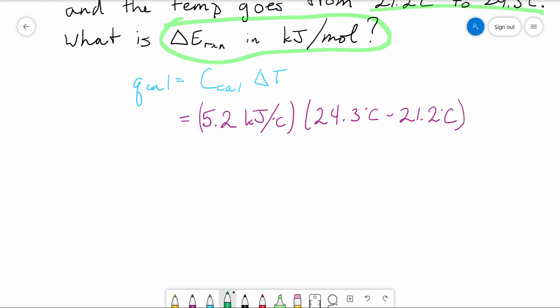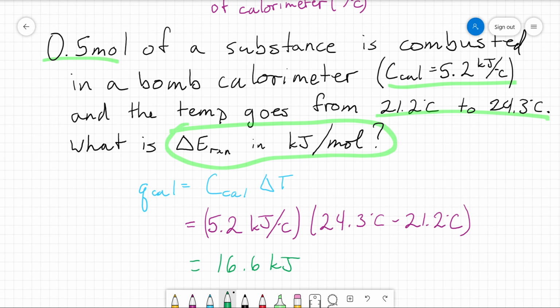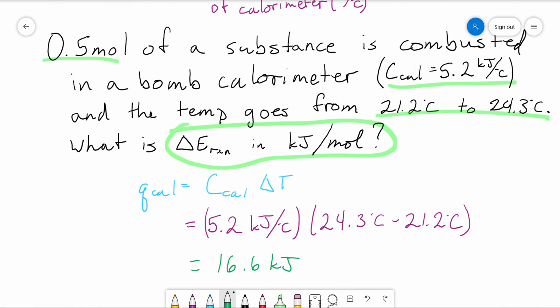And we come out with 16.6 kilojoules. But that's not our answer because the problem asked for kilojoules per mole. And notice we were given a half a mole of substance. So this is the amount of heat that is released, or energy change, I should say. That's the energy change for half a mole of substance.